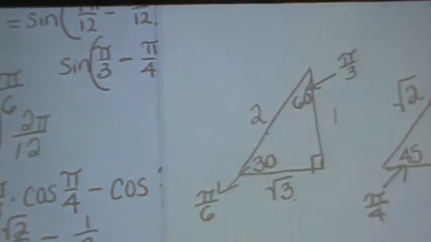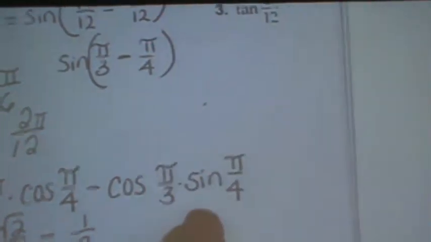And then minus, what's the cosine of pi over 3? That would be 1/2. And how did I get that? You're going to go right here to this angle. Cosine of pi over 3, and it's adjacent over hypotenuse. And then what's the sine of pi over 4? Again, that would be root 2 over 2.